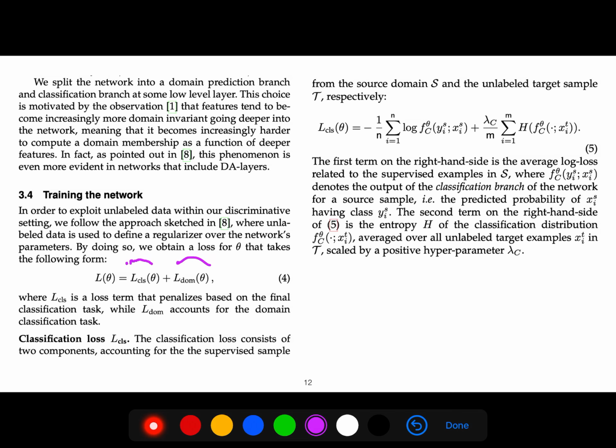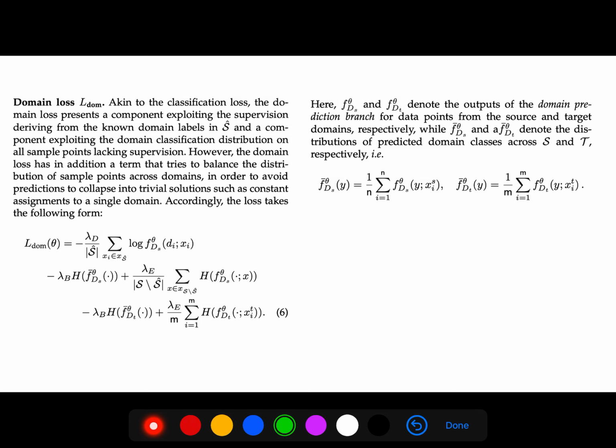But the final classification task is just a sum of f and h, and this term is just the entropy of the classification distribution, averaged over all unlabeled target examples, and it is scaled by this positive hyperparameter. But the first term is just the classification branch of the network on a source sample.